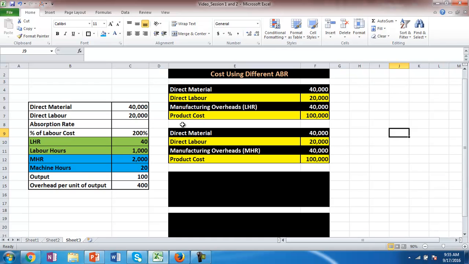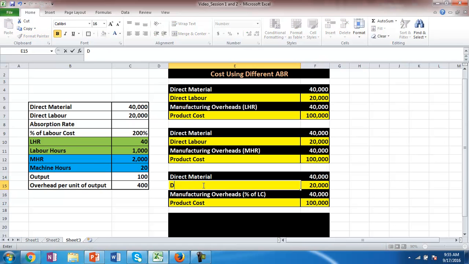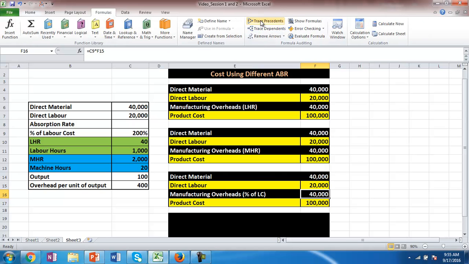We can also find the product cost by using a percentage of labor cost. In this case, the overheads are determined by using 200 percent of the labor cost.